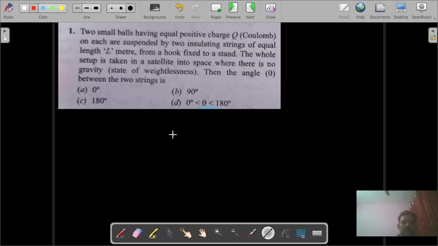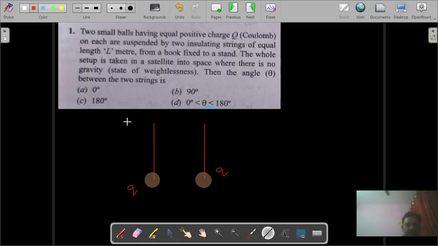So we have one string over here, we have another one, we have the two spheres such that they are separated by some distance. Now each of them carries a charge Q. So when on Earth, they both will be inclined at a certain angle. Each of the charges will experience two forces.